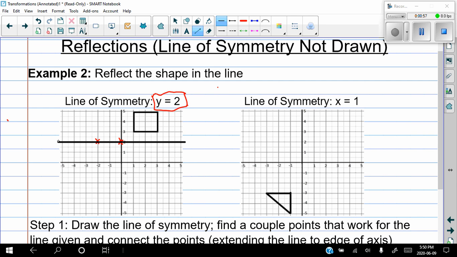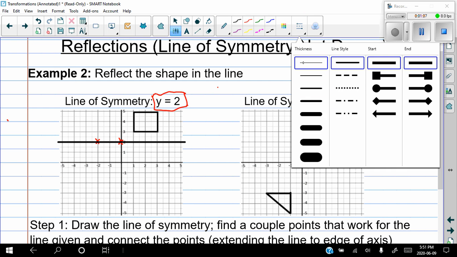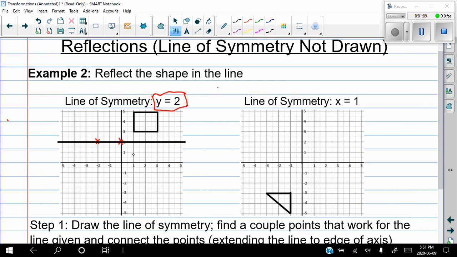At this point, step 2 onwards is just doing the reflections that we've been doing. We're just going to count each point over, make a point, and connect the dots at the end. So we're going to look at this point here. We're 1 away from the line, so we're going to be 1 away from the line over here.